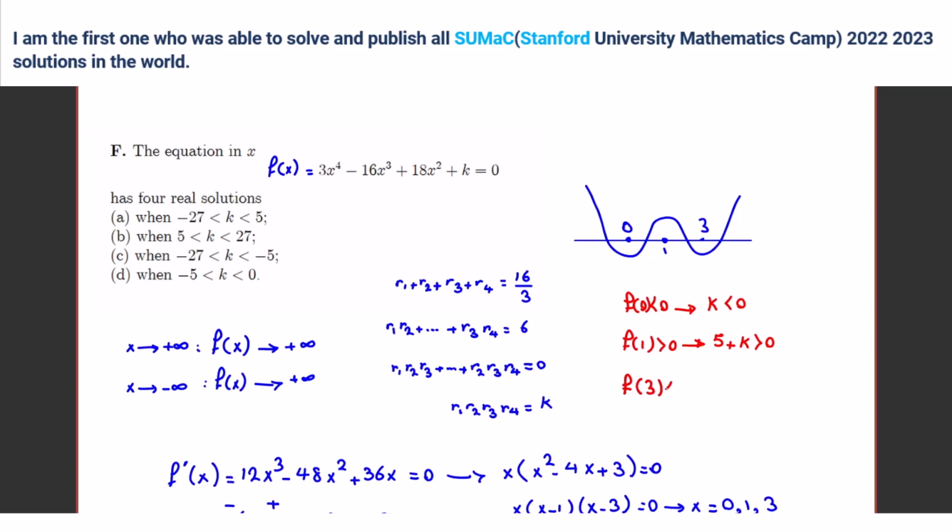F of 3 is negative, so 243 minus, let's factor out 9, 27 times 144 minus 48 plus 18 plus k should be negative. This is negative 30, minus 3, minus 27, so k is less than 27. Here k is greater than negative 5.